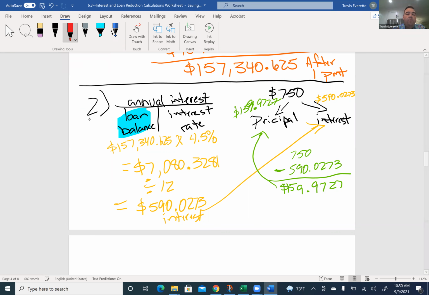So I'm going to switch over here one more time, and I'm going to say, okay, for month number 2, we started with a balance of 157,340.625. And we paid off 159.9727. And that's going to leave us, try to make some room for myself here. May have to squeeze it in there.